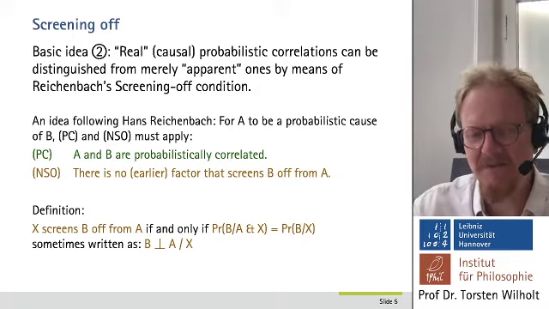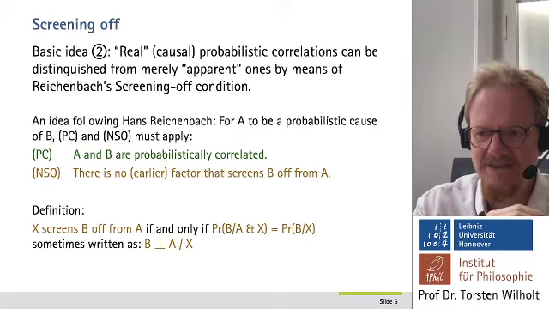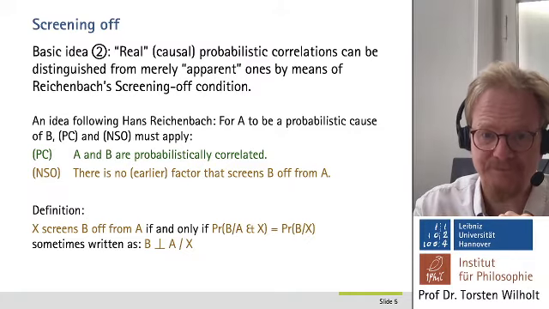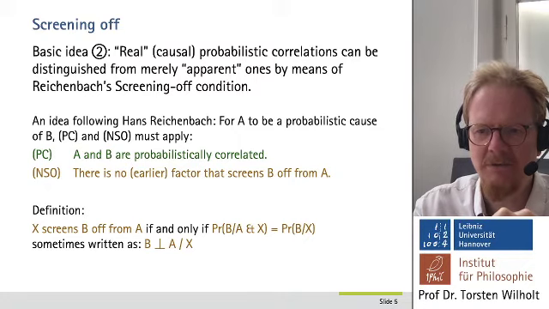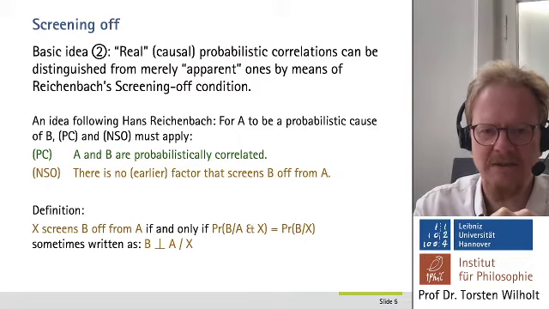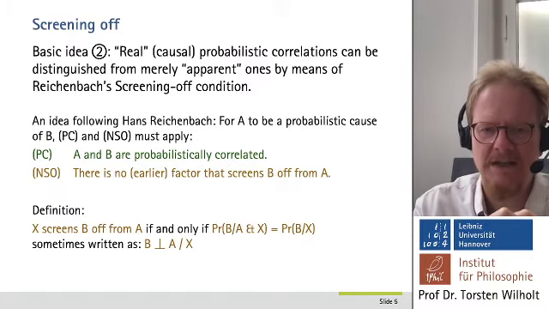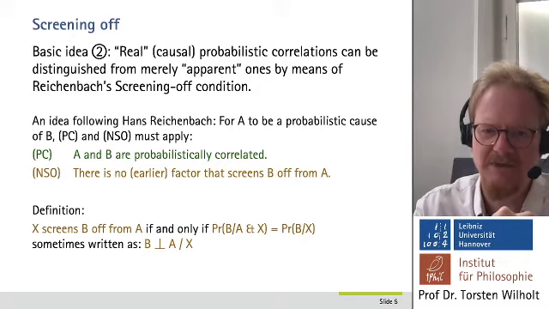So let me give another example because this is an important concept for everything that follows. So think of B as giving birth and A as having been wearing maternity clothes for the past weeks. So these two are clearly probabilistically correlated. The probability that a person gives birth, given that they have been wearing maternity clothes for the past few weeks, is higher than the unconditional probability of a person giving birth.